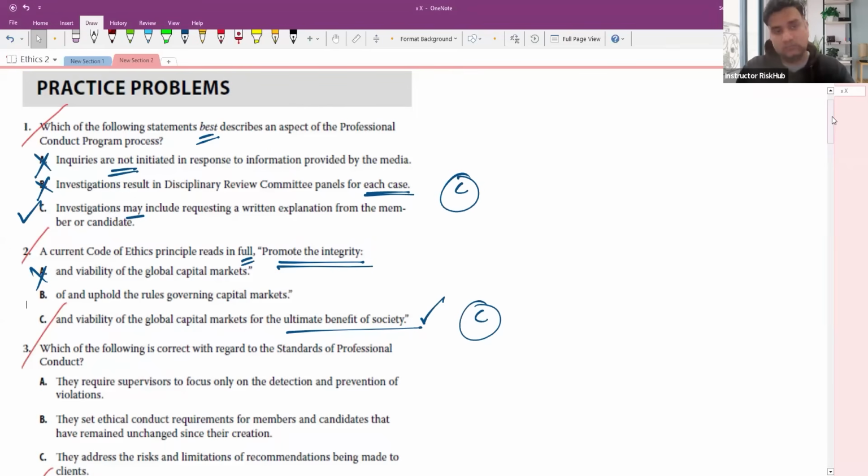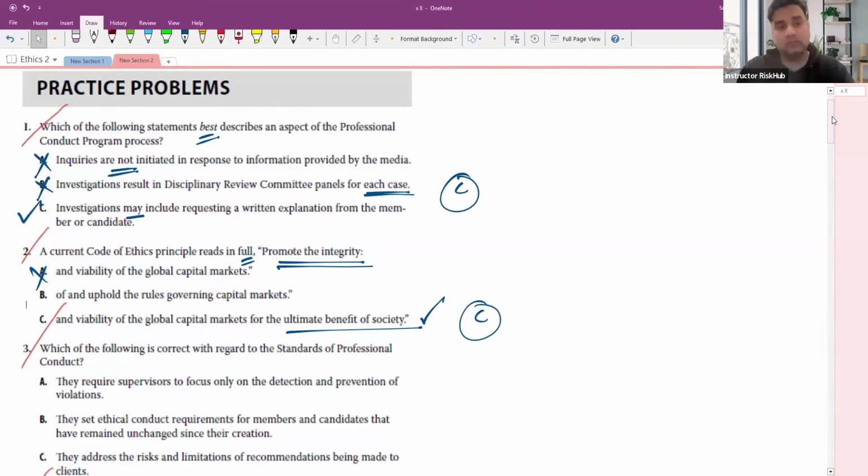And the CFA process is investigative, not punitive at the start, right? Option A, inquiries are not initiated in response to information provided to the media, is wrong because media reports can trigger your inquiry. CFA explicitly monitors public sources. A lot of students make a mistake here. They assume that only complaints matter, which is incorrect.